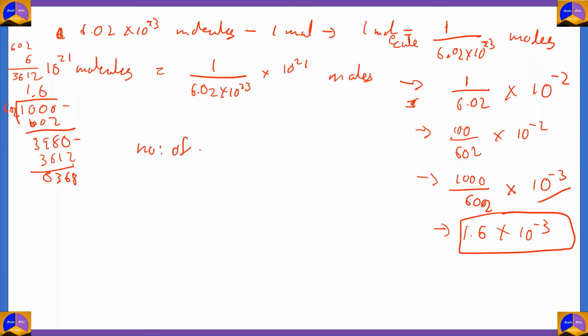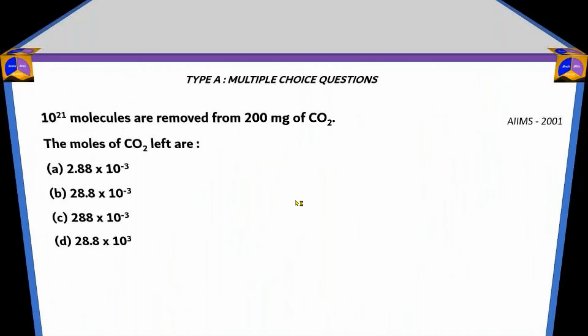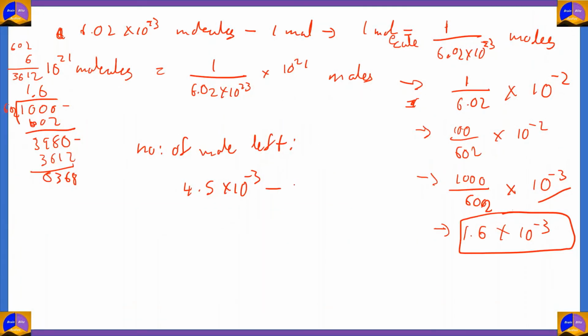Now let's calculate the number of moles left. That will be the number of moles of 200 milligrams CO2 minus the number of moles in 10 raised to 21 molecules of CO2. So basically it is 4.5 into 10 raised to minus 3, that's what we got here, minus 1.6 into 10 raised to minus 3 moles.